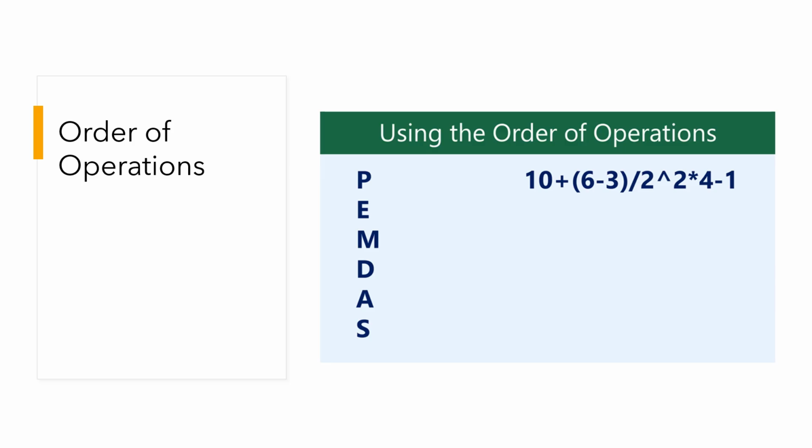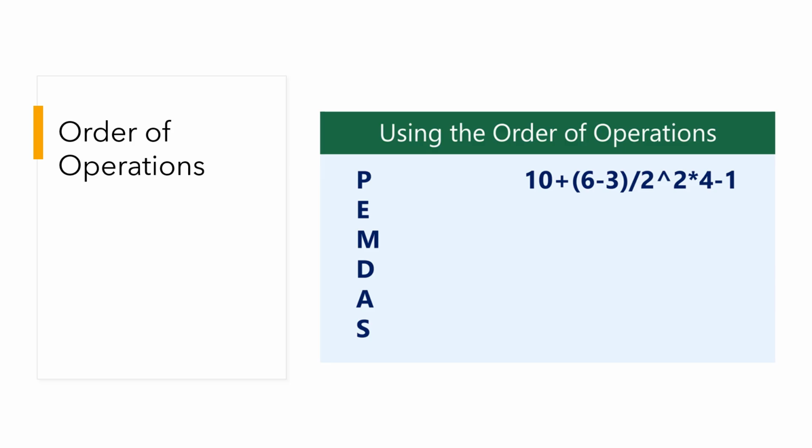And Excel assumes order of operations when it is calculating things. So remember, we do need to remember our order of operations because you are going to have to order things for Excel.